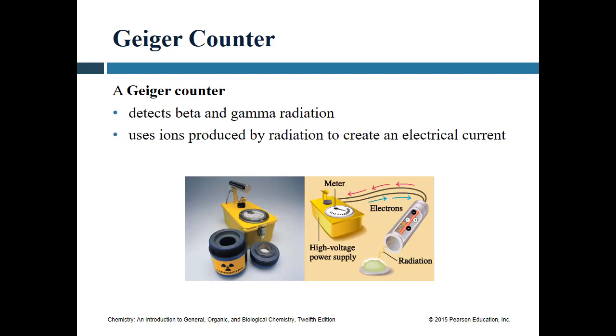Remember, radiation is ionizing energy. It's going to strip electrons off of things. Well, if you put those electrons in a current, for example, that current would be detected by an instrument, in this case, the Geiger counter itself. So based upon how many interruptions to the current are being monitored, you can get an idea of how much radiation is in the area.